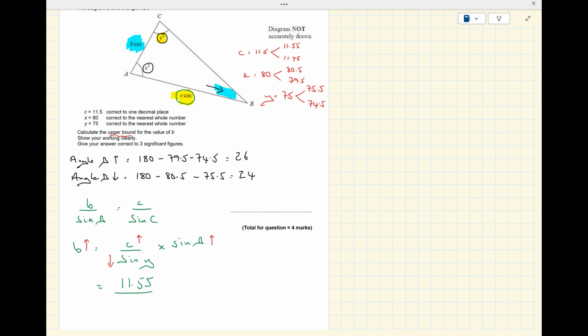Or you might feel sufficiently at ease with your sine curve to know which you're going to use. I'm just going to make it really clear for you here.